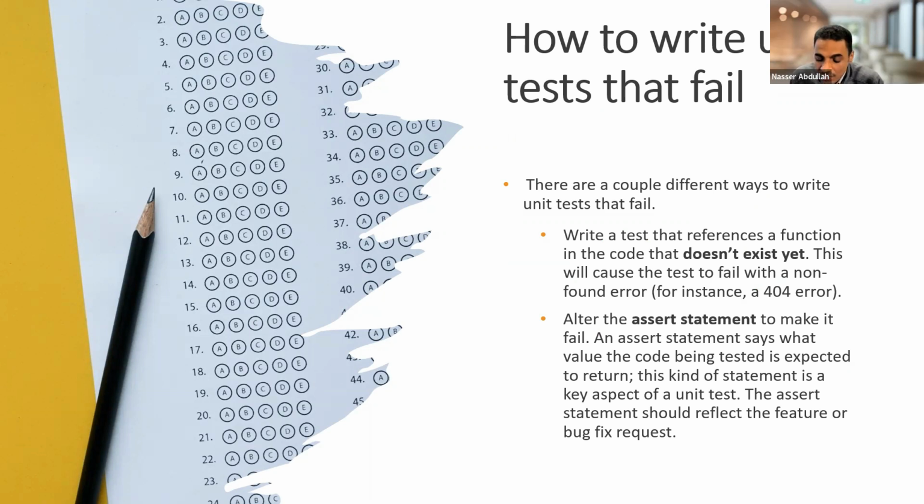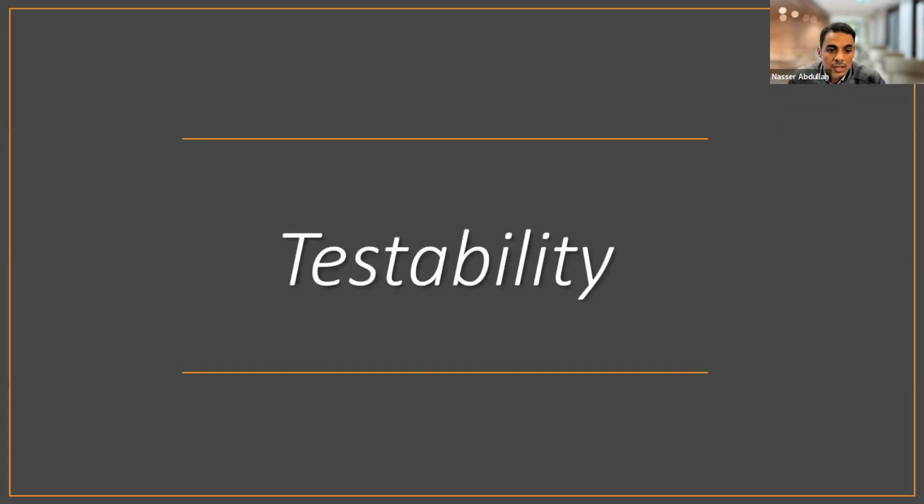The second, which we will use in the exercise, is the assert statement. Assert something, and it will raise an alert or an error. You just say, now we don't have any code, so this is an error. That's all. So this is how to write a unit test that fails your code. Okay, guys.